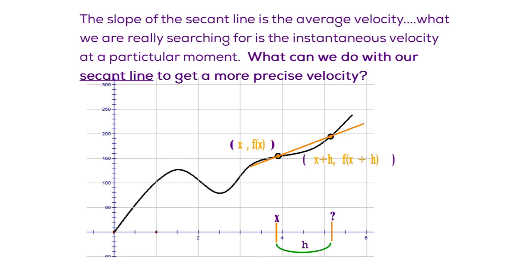Well, to get more precise, I need to shrink back this time frame right here. I need to grab this dot right here, and I can't move it here on my video, but we would grab this dot right here and we would scoot it back so that it's closer. And maybe we'd put it there.